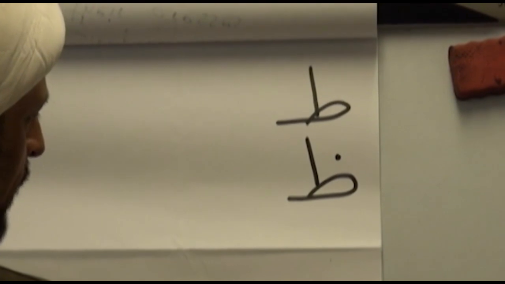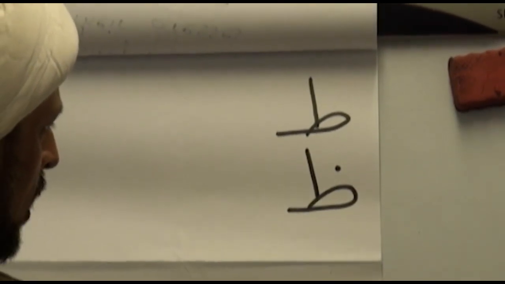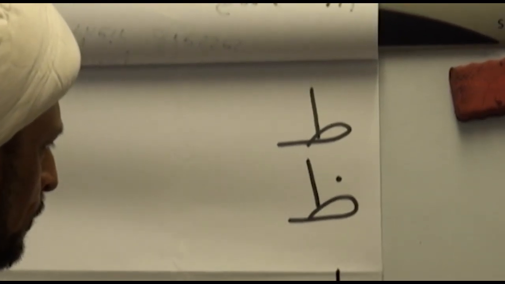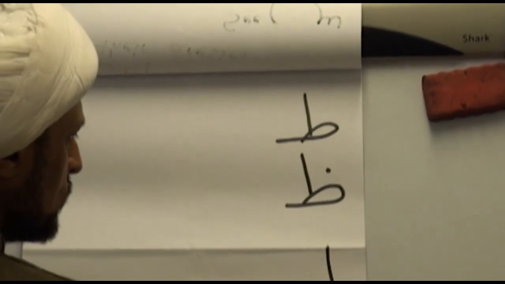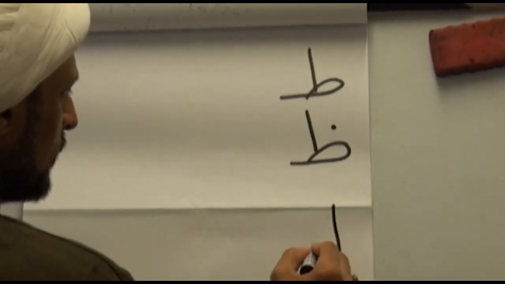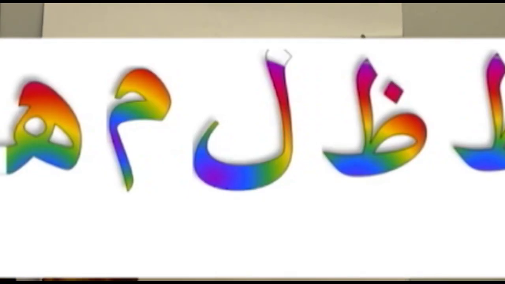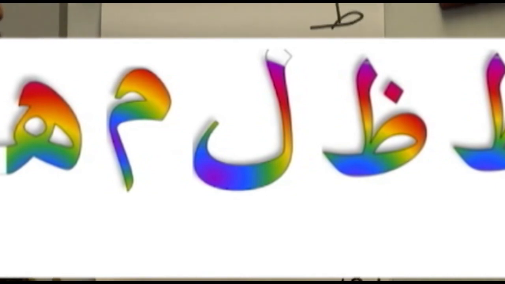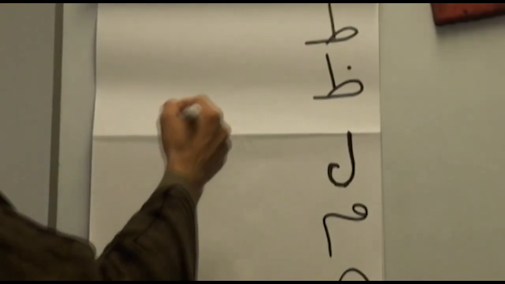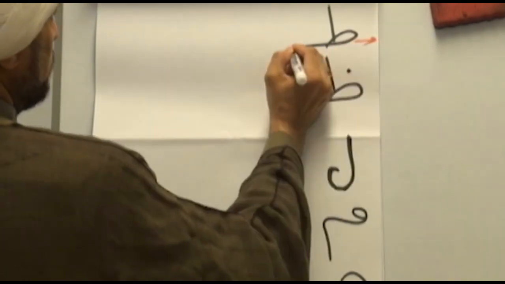We have lam. Oops, this shouldn't be there. Let's make it like this so it looks like a lam. And then we have meme. And then we have ha. They both get connected from both sides. Ta, you don't have to do anything about it. It just gets connected from here and here.